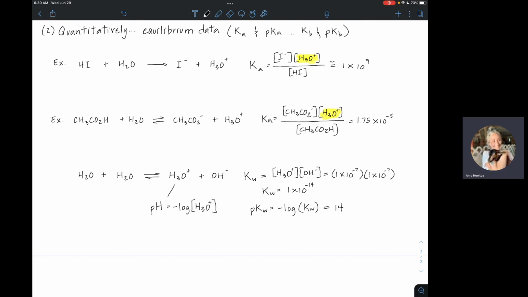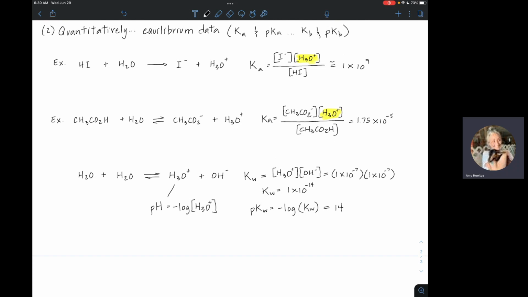So if the concentration of the hydronium ion in pure water is 1 times 10 to the negative 7th, then the pH of pure water is just 7. So again, in orgo, we're not going to be dealing with these calculations as much as we are with their relationships.